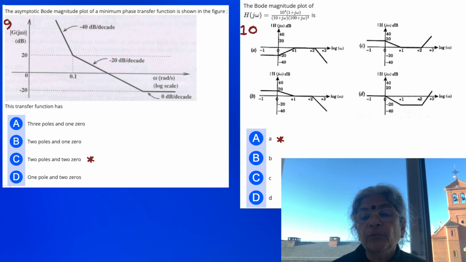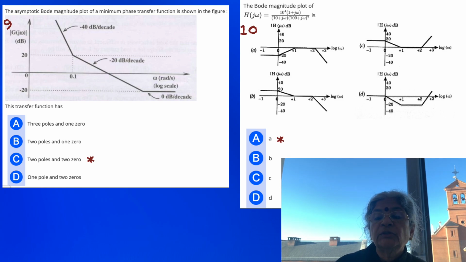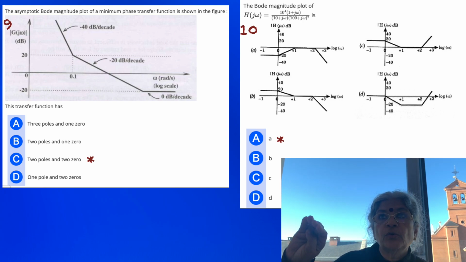Which is the correct Bode plot is what is asked. So what do you see? Initially at omega equal to 0, you have the zero working out towards a positive slope, a slope moving upward.